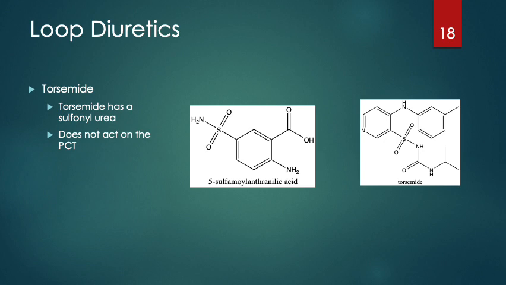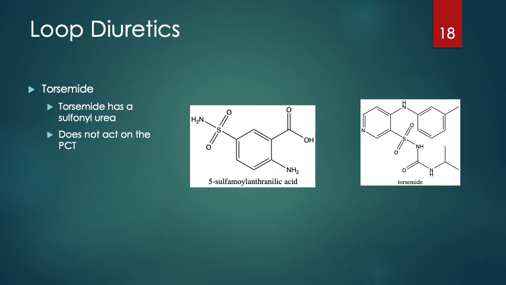Now, further modifications from furosemide led to the development of torsemide. Torsemide is different from furosemide because there is a presence of a sulfonyl urea as opposed to a sulfonamide. Now, the drug does not act on the proximal convoluted tubule, and it doesn't increase phosphate and bicarbonate excretion as much as furosemide would.